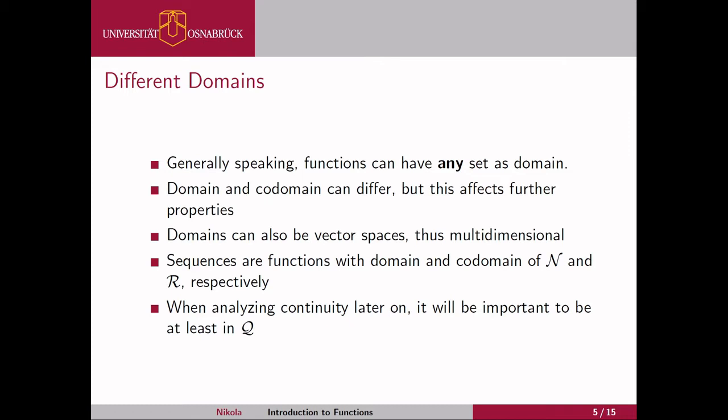And what I'm currently talking about is the notion of continuity, and this will be covered in the next chapter. But it's important to keep in mind that the distinction between integers and rational numbers will become very important.